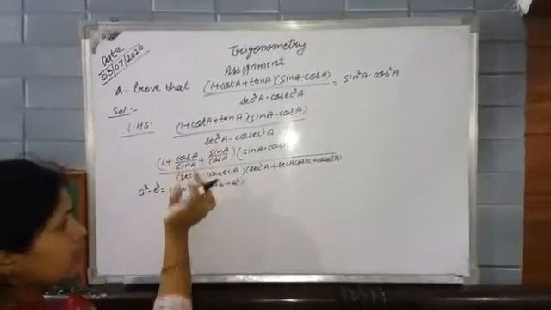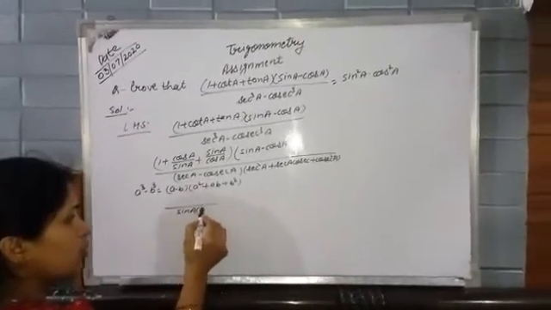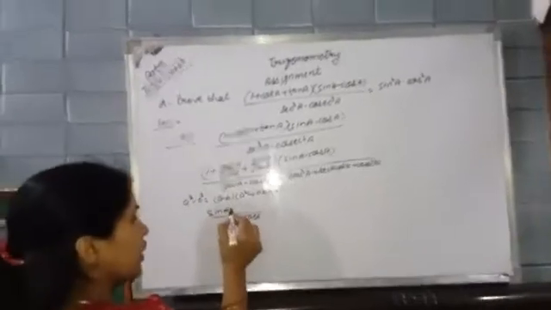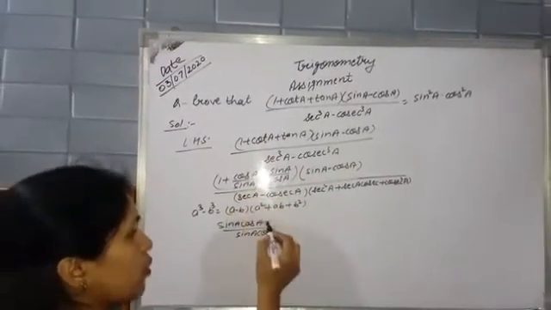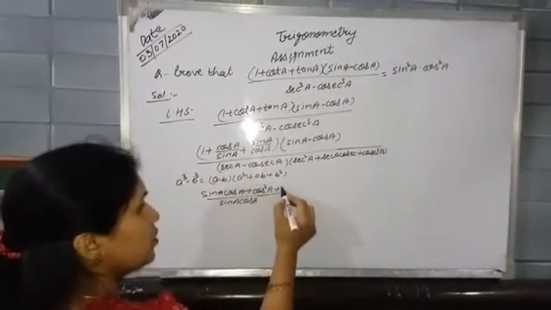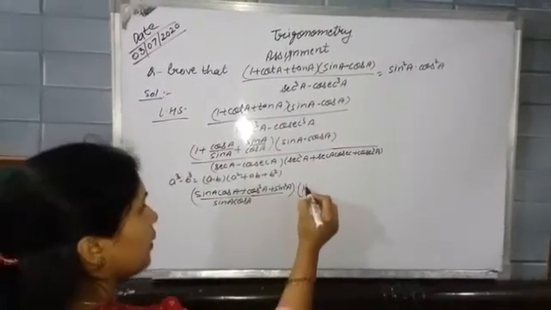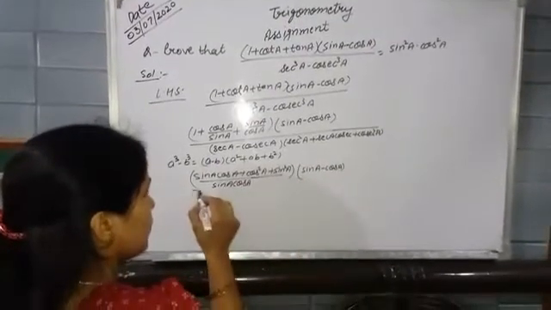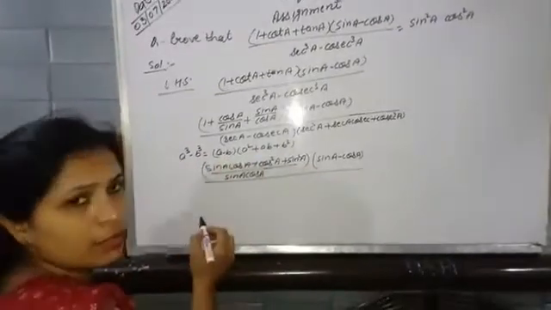Now when we take LCM here, sin A into cos A is the LCM, and 1 into this term: sin A into cos A, plus cos into cos is cos square A, plus sin into sin is sin square A, multiplied by sin A minus cos A. In the denominator, again, this is secant A minus cosecant A.